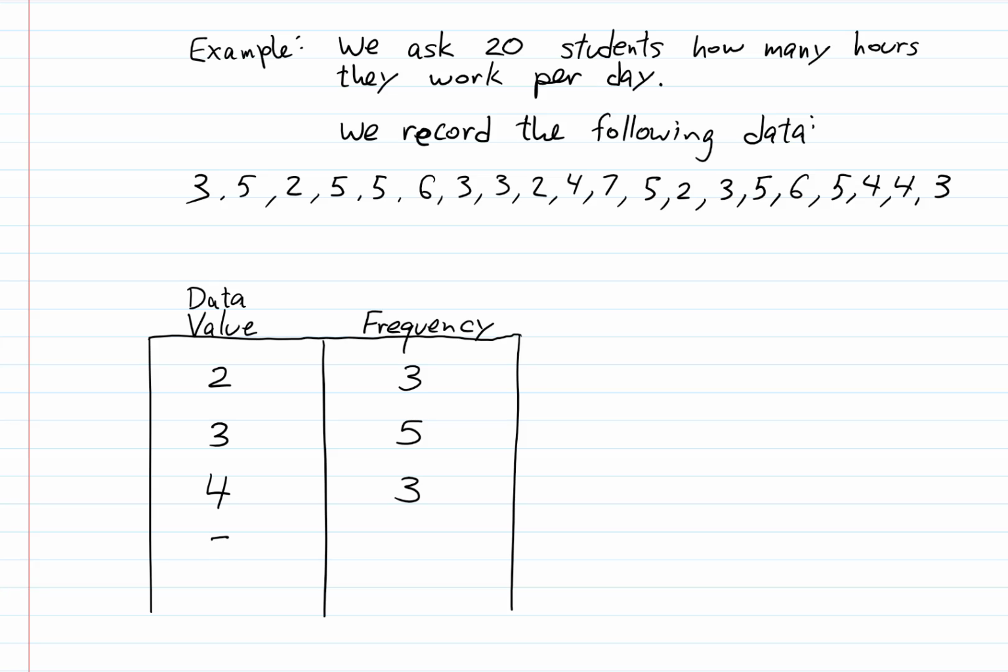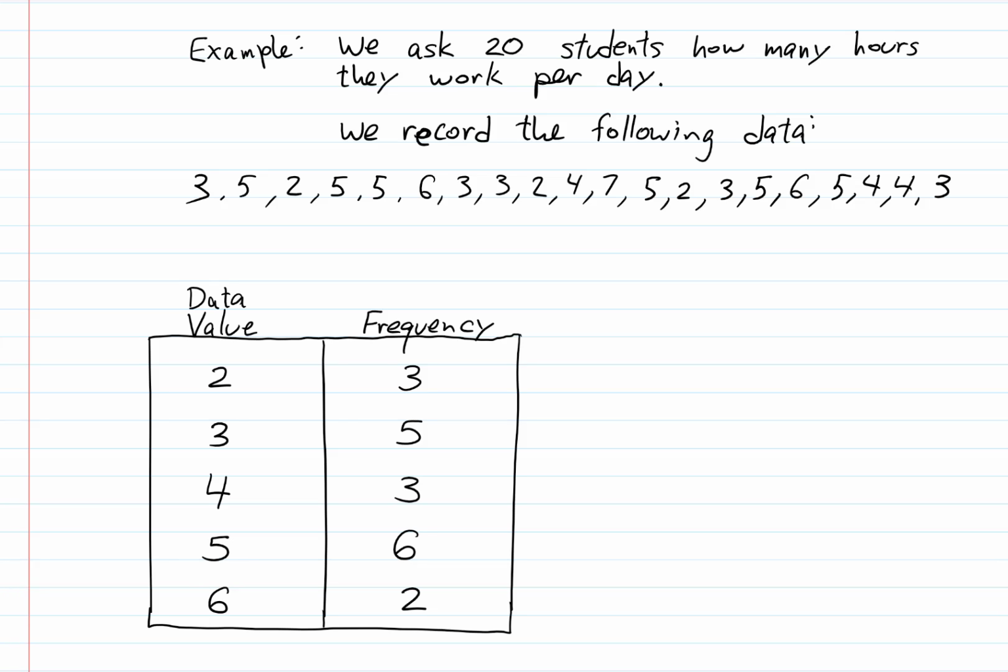And then there's 5. How many 5s? There's a lot of them. I'm seeing 6 of them. And then there's 6. How many 6s do you see? There's just 2. Okay? That's what's called a frequency table.